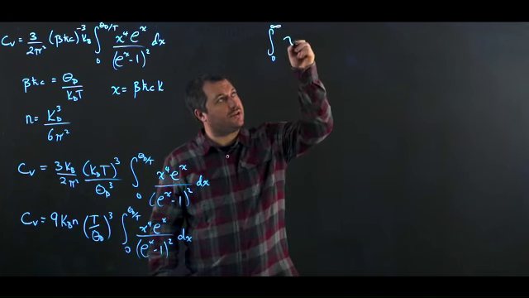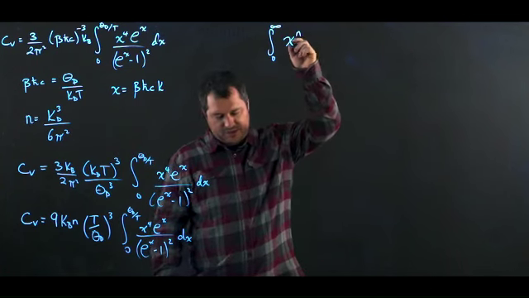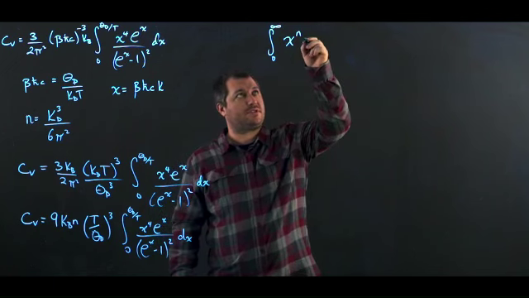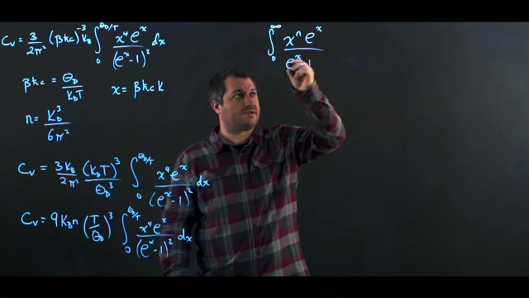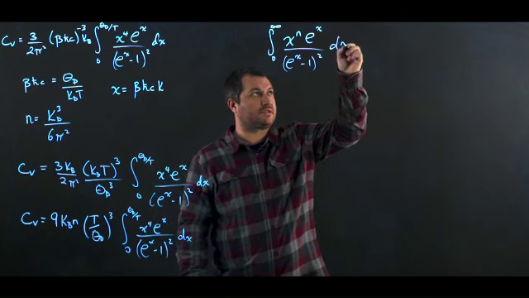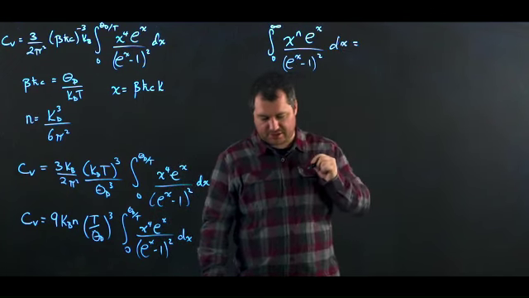Well, there is an integral that goes from 0 to infinity for this, where we have, well, from 0 to infinity of x to the n, e to the x, all over e to the x minus 1 squared by dx. And this is a special integral.